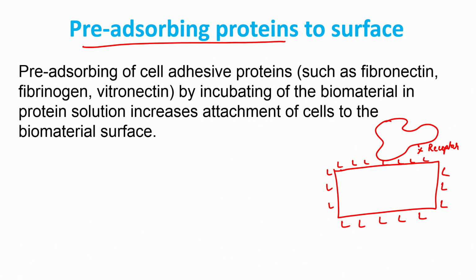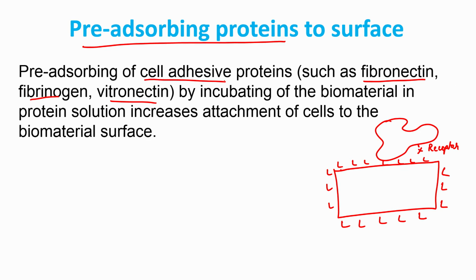So, to prevent that, what we do is we first treat it with a solution containing only this ligand L, and that will ensure that at least some of the ligand L will remain on the surface and can interact with the cell. Some of the proteins that are very widely used for this are fibronectin, fibrinogen, and vitronectin, which are proteins that contain cell adhesive sites.